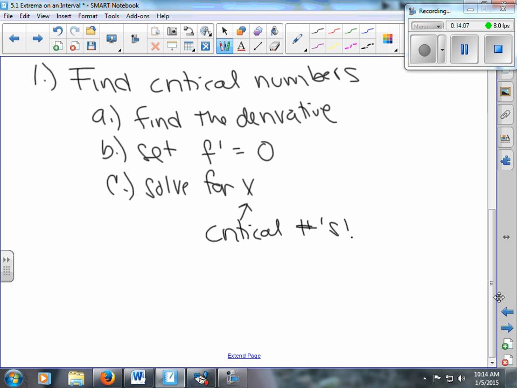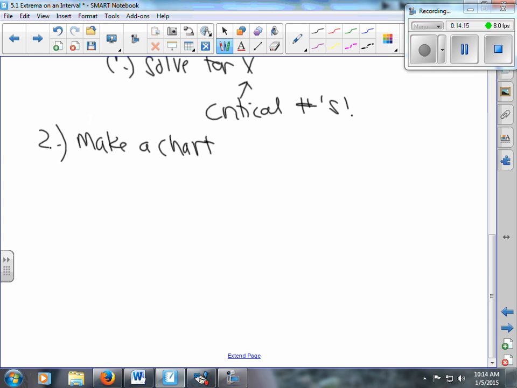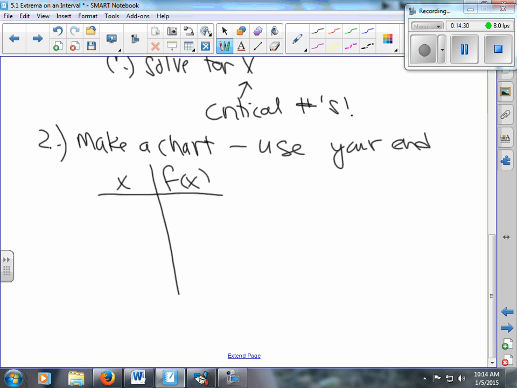Okay, once you know your critical numbers, you're going to set up a chart. Make a chart. And in this chart, you're going to list x values, and then you're going to plug these x values in and find their y values. And the x values that you plug in are endpoints. Use your endpoints and your critical points.